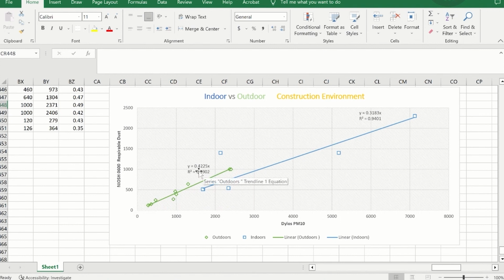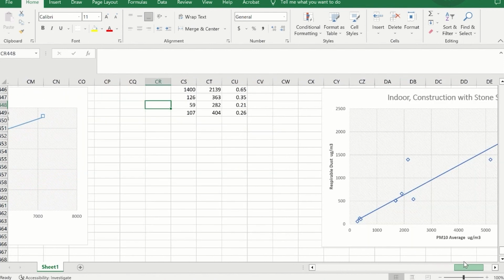So my slope, my correction factor, is 0.42 for outdoor, and for the indoor ones, 0.31. That's significant, and I think it has to do with indoors, where you do have a little bit of competing dust. Here is the one where they were sweeping at the end, which I always include, and I think that threw off my data point. But here you have the indoors compared to the outdoors.